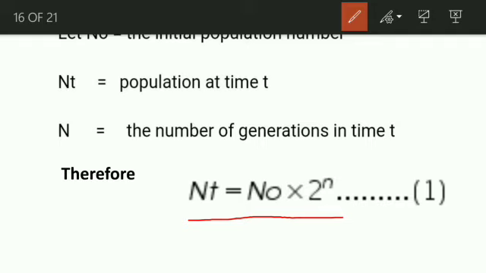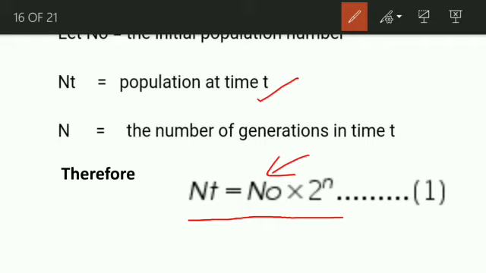What is N naught? N naught is the initial population number. Then what is Nt? Population at time t. You inoculated first with one bacterium. That bacterium after time t increased to 8, 16, 32, and so on and so forth.